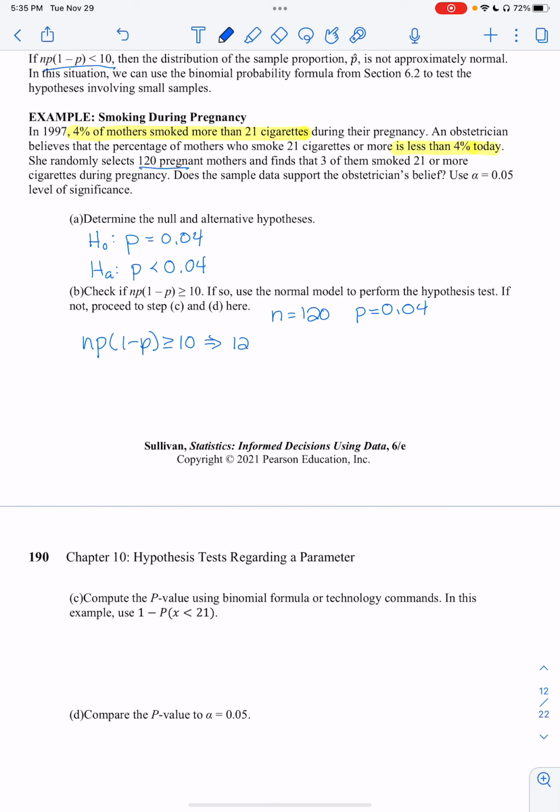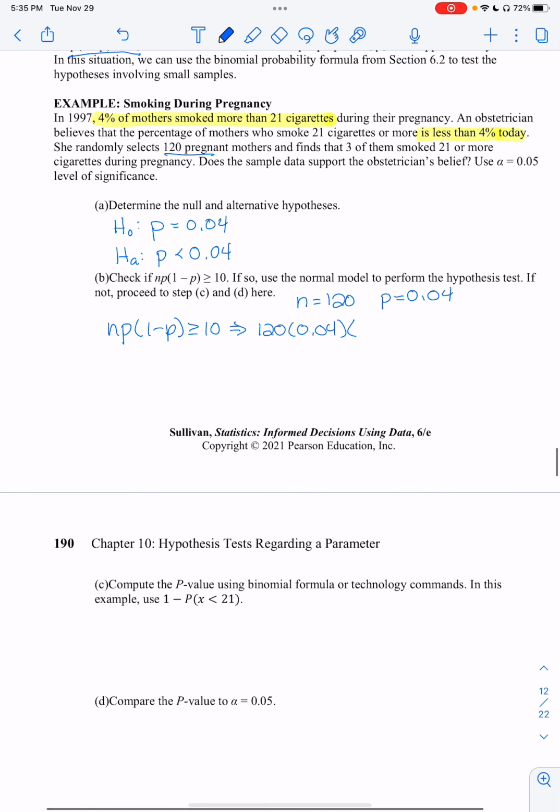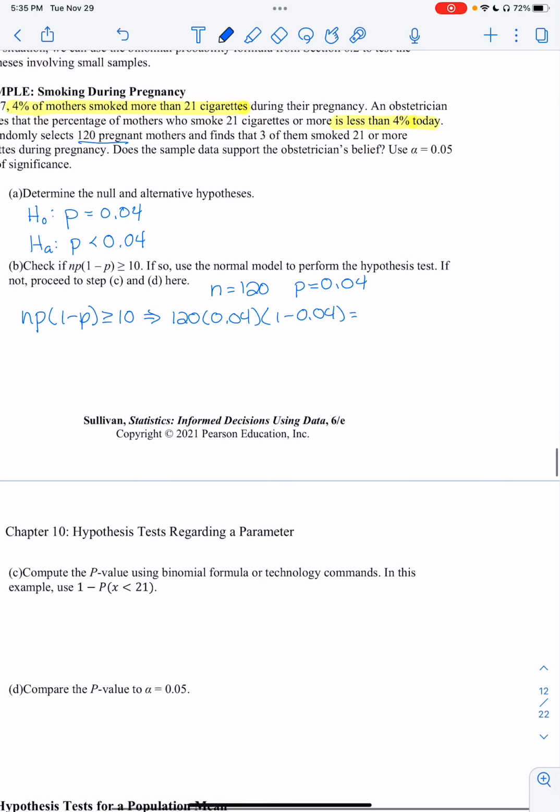So what I'm going to do is 120 times 0.04 times 1 minus 0.04. If we go through that, what we find is that it equals 4.608, which is definitely less than 10. So we are not normal. We can't assume normal. So here what we're going to use is the binomial distribution.